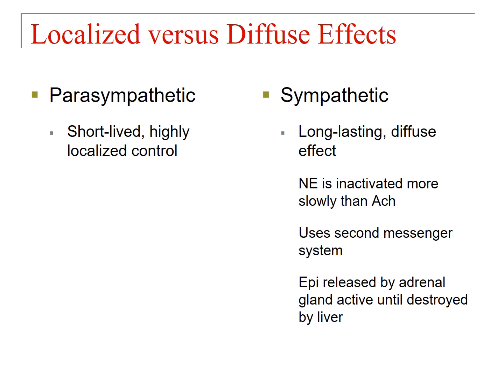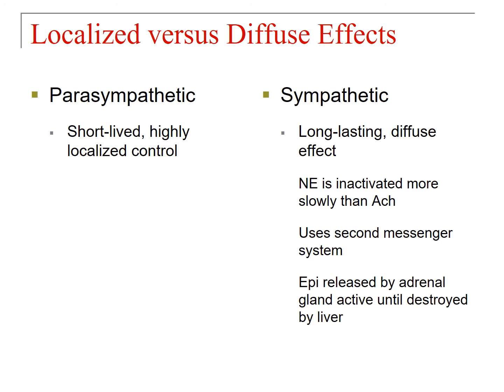Now, the sympathetic nervous system has a more long-lasting and diffuse or spread-out effect. The main reason why it has a diffuse effect is because it's got an organ that dumps a boatload of it into the bloodstream. So, of course, there's going to be a much more diffuse effect around the body. It's more long-lasting because norepinephrine gets inactivated more slowly than acetylcholine. There isn't a comparable enzyme to acetylcholinesterase that degrades norepinephrine.